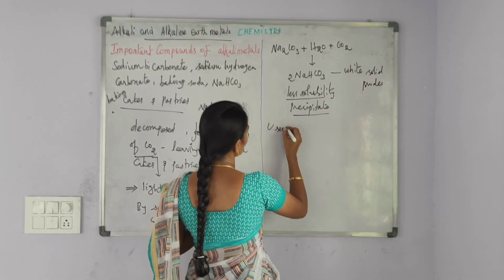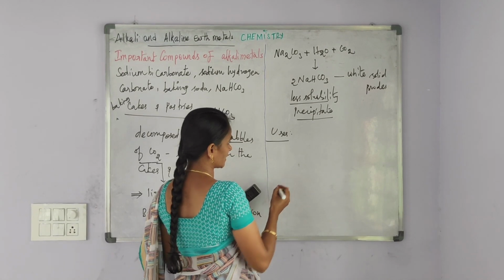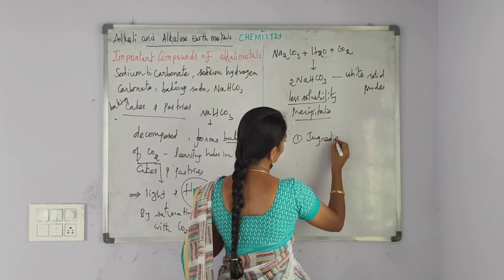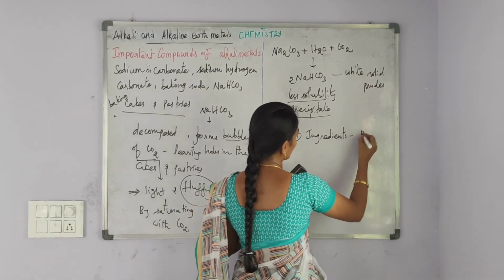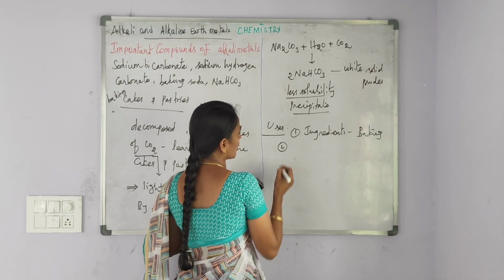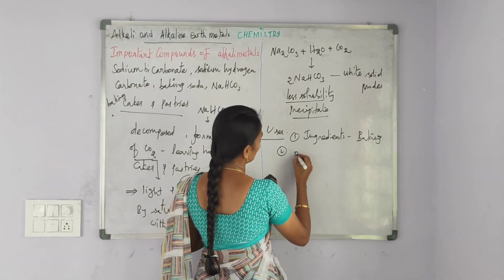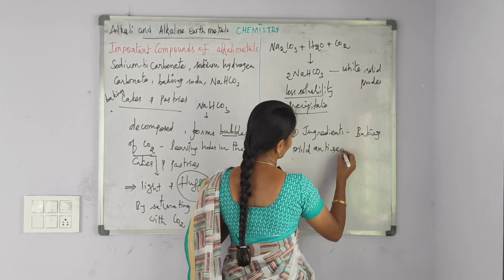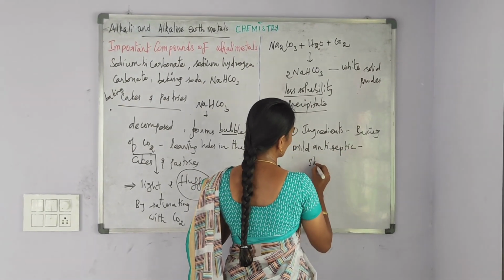And then uses of sodium bicarbonate. First of all, sodium bicarbonate is used as an ingredient in baking. It is used as a mild antiseptic for skin infections.